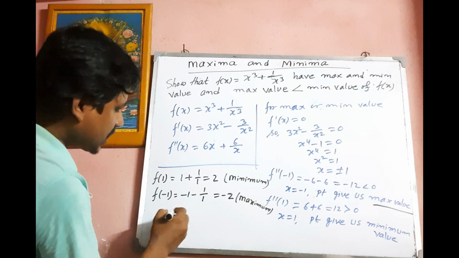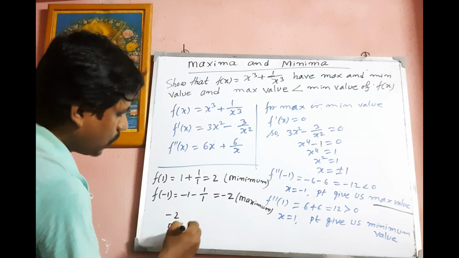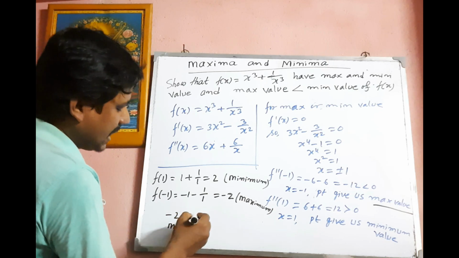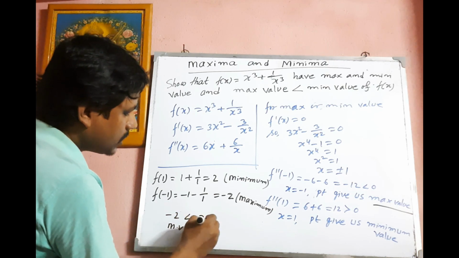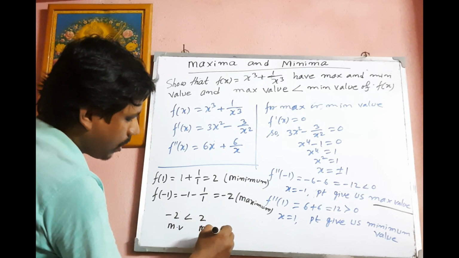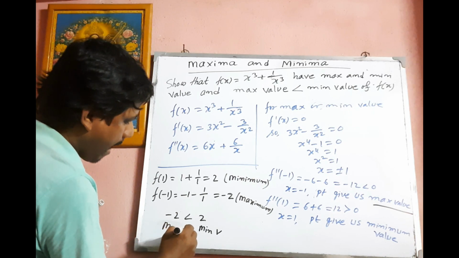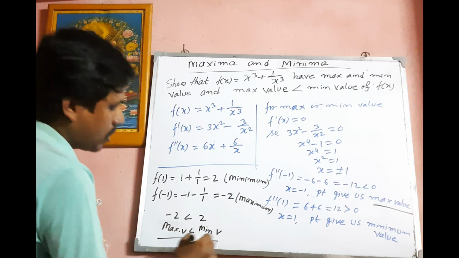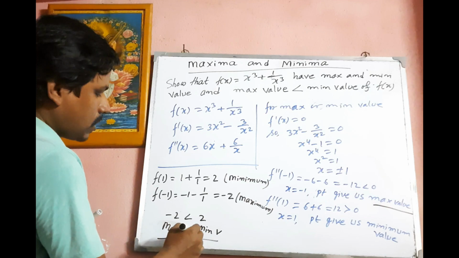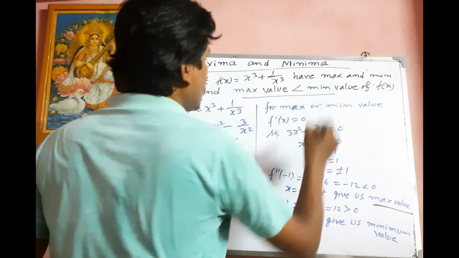So the maximum value is less than the minimum value, which is our equation.